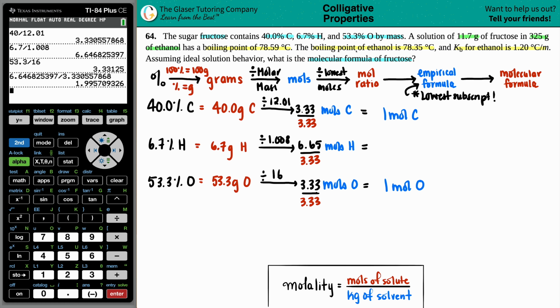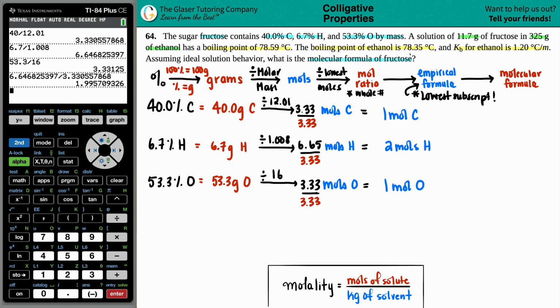In your mole ratio, you want to have whole numbers. If you can confidently round to a whole number, go do it. So this would be 2 moles of hydrogen.